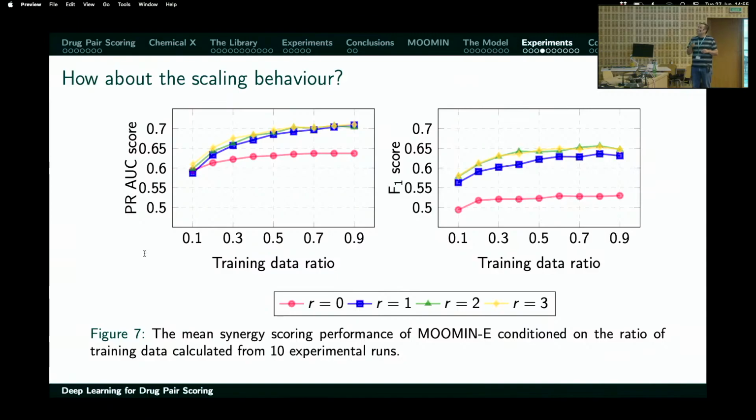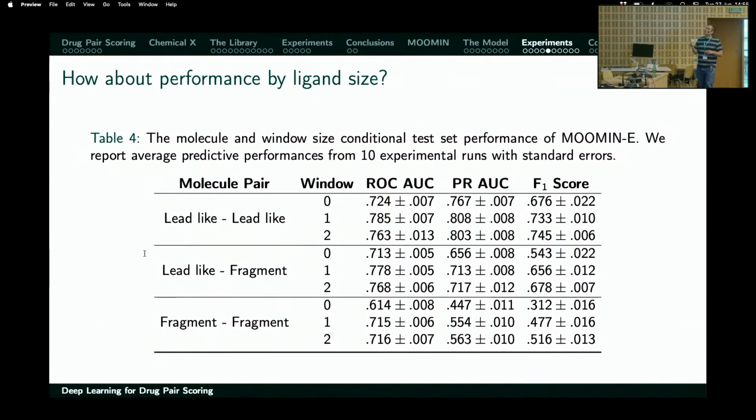Cool. So one of the things that was also a question for us is how to handle it when the pairs are very, very different from each other. What you see here is that the two lead-like molecules both have a molecular weight higher than 300 Daltons, so these have pretty much been in the pipeline for optimization.